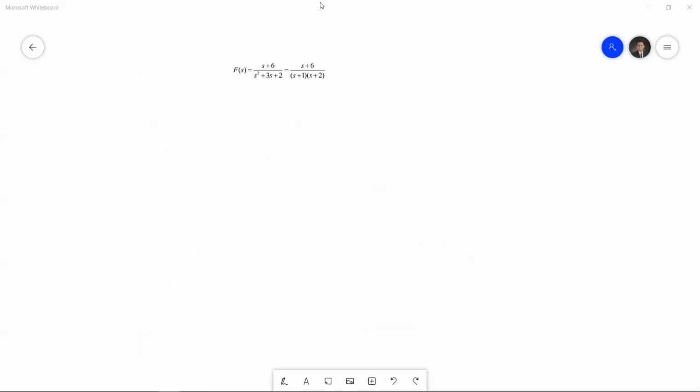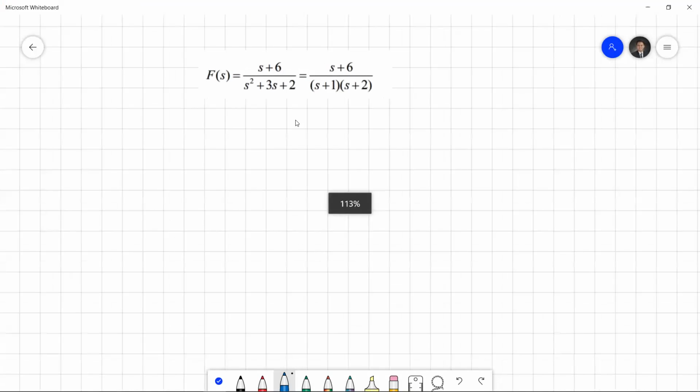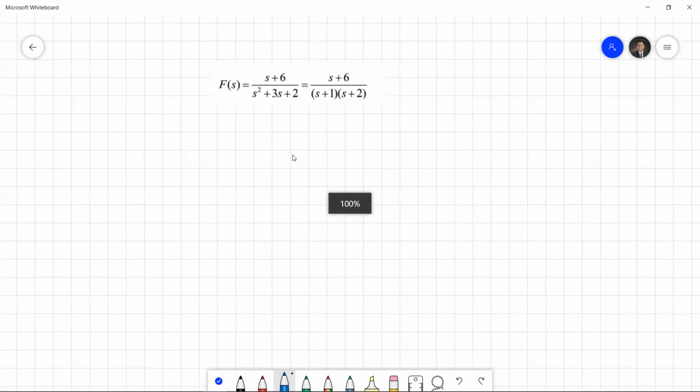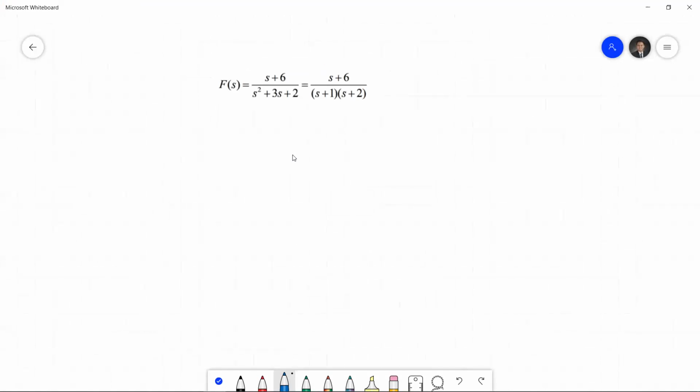Ayan. So nakikita ba yung sa whiteboard, class? Yes, sir. Sige, solve natin. So in using partial fractions, ganito. I-convert mo yung function na to, s plus 6 over s plus 1 over s plus 2.